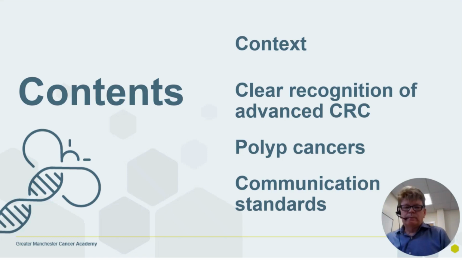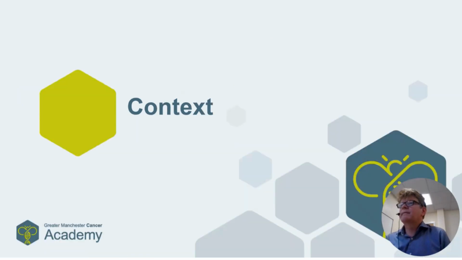The contents of the talk are, I'll talk about the context first of all, why we're doing this, and then I'll explain how we can clearly recognize advanced colorectal cancer and how we can determine what is a polyp cancer, and then crucially, the communication standards we should employ in respect of how we record information in systems, and more importantly, what we explain to patients.